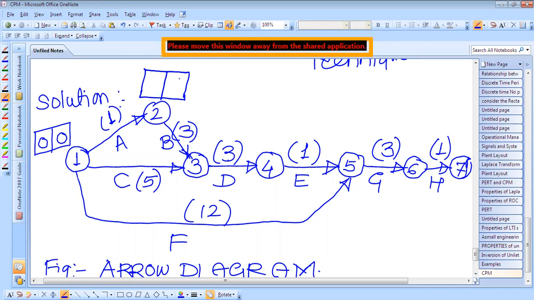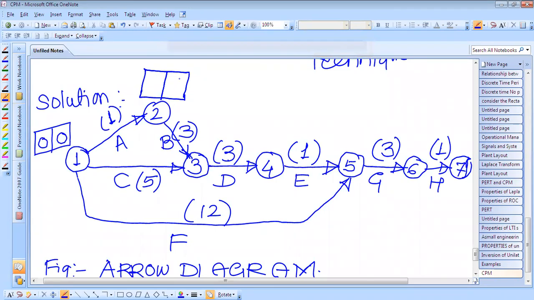Okay, then for activity A we are giving it time 0. So we have got 0 as the earliest start time. And what is the EST of activity B? The EST of activity B is 0 plus the duration of that activity. What is the duration of that activity?